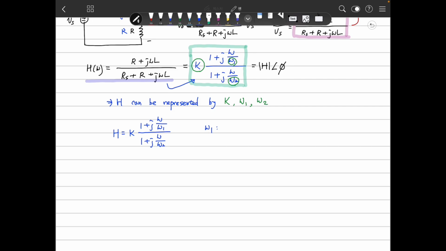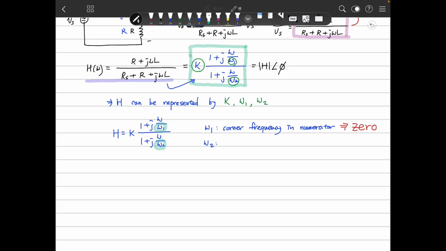Here, this one is in the numerator. Then we call this the corner frequency. This is a corner frequency in the numerator. We call this a zero. And omega 2 is the same. This is omega 2.